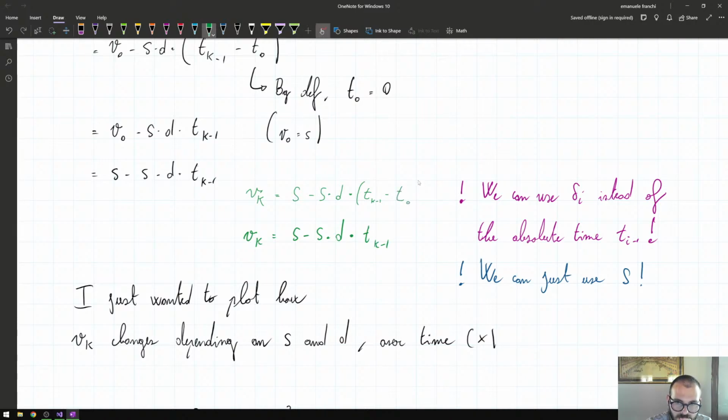T0 is the time at the start of the wheel event. Tk minus 1 is the time at the start of the k minus 1 frame. Here we are computing the wheel value for the kth frame.